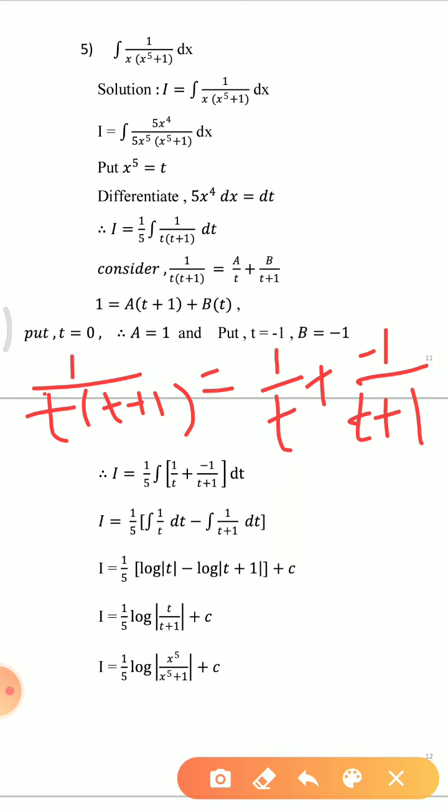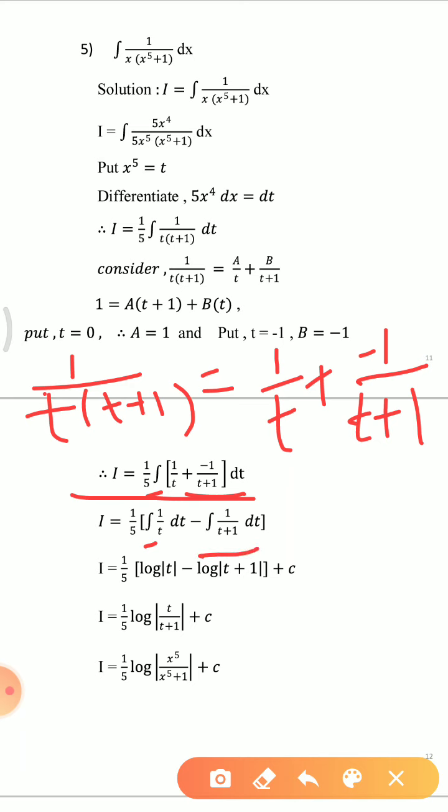Then the new integral form is, therefore, I is equal to 1 upon 5, as it is, integral of the bracket 1 upon t plus minus 1 upon (t plus 1) dt. Then separate the integral: 1 upon 5 is a constant, and in the bracket, integral 1 upon t dt minus integral 1 upon (t plus 1) dt here.